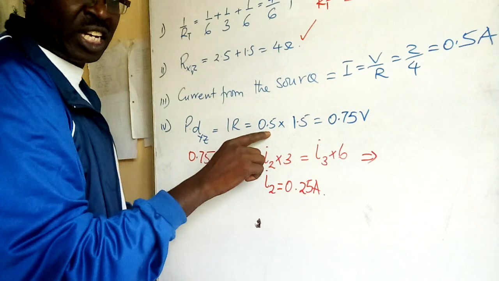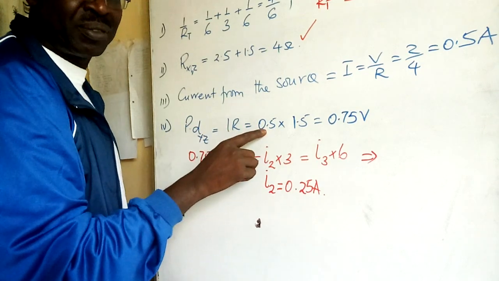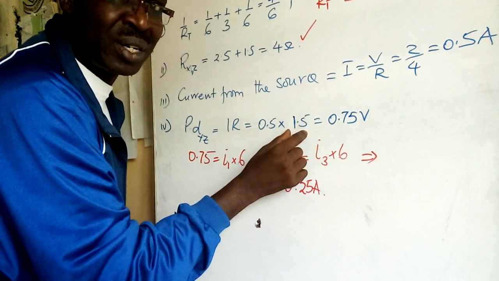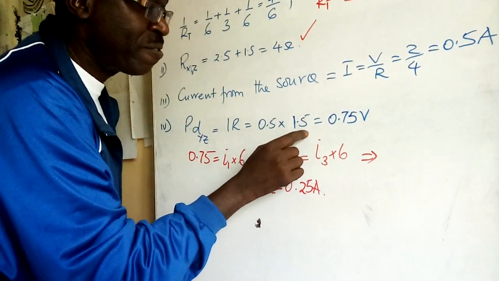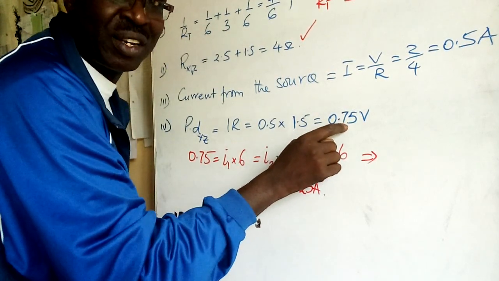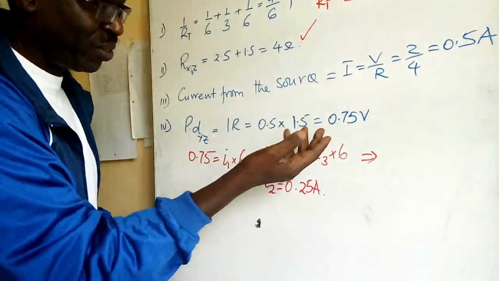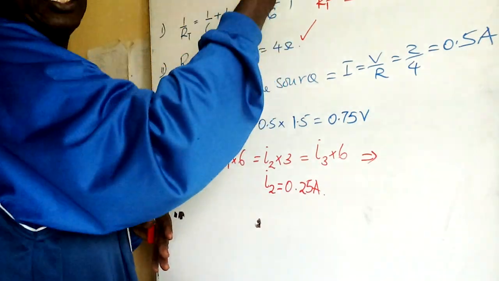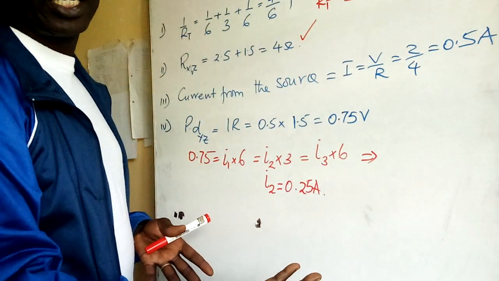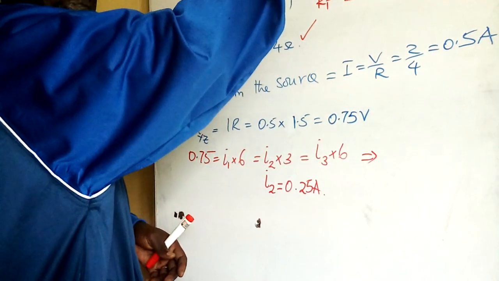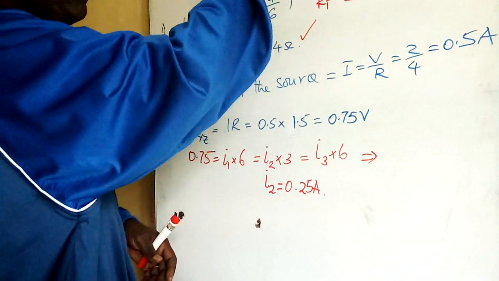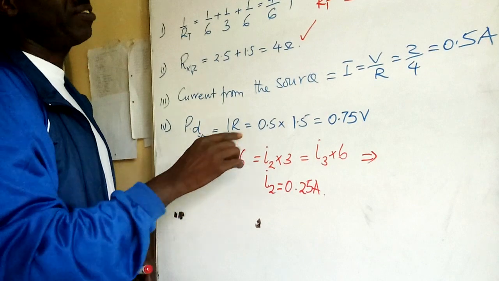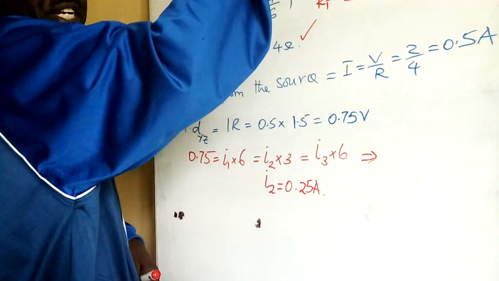So this is I, the current that goes through the effective resistance 1.5. You get 0.75. With 2 methods, you get the same. Now I want to show you how you get any of the currents. I already know the effective PD here. It is the same, you apply it across here. 0.75 is the effective PD.